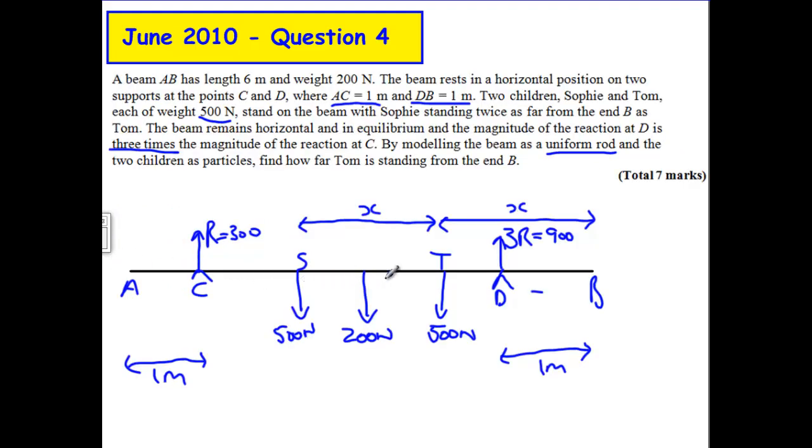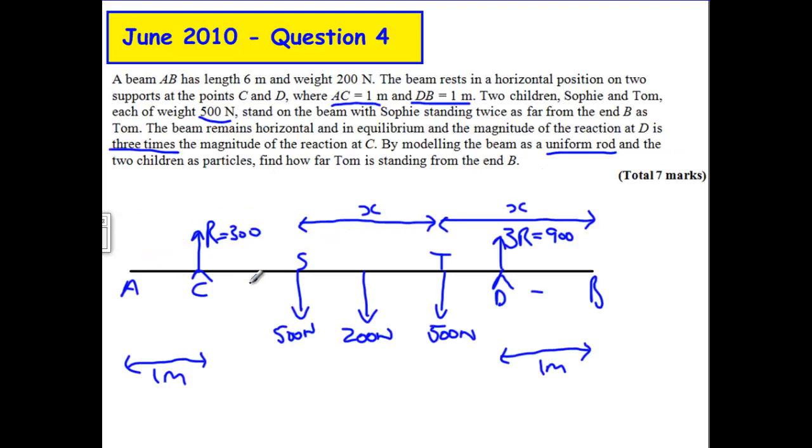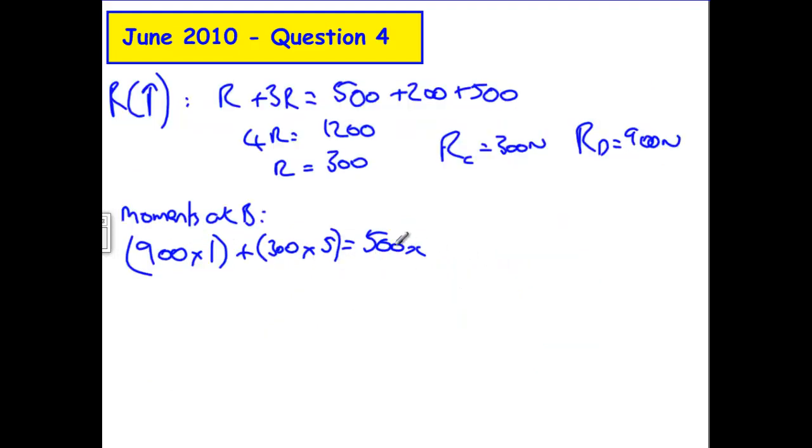Now the anti-clockwise moments, that's going to be Tom acting at a distance of x, so that's going to be 500x. On top of this, I am going to add the weight of the beam, which is 200 newtons, acting at a distance of 3 meters from B. So that's going to be 200 times 3.